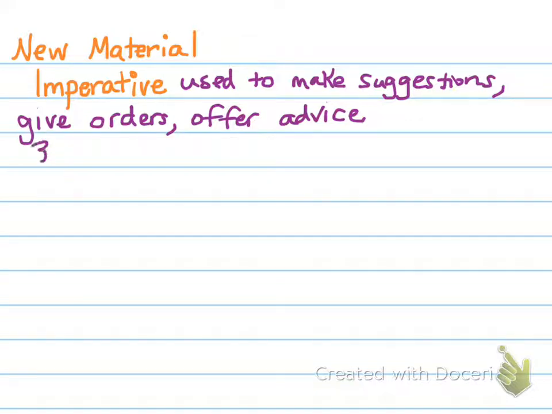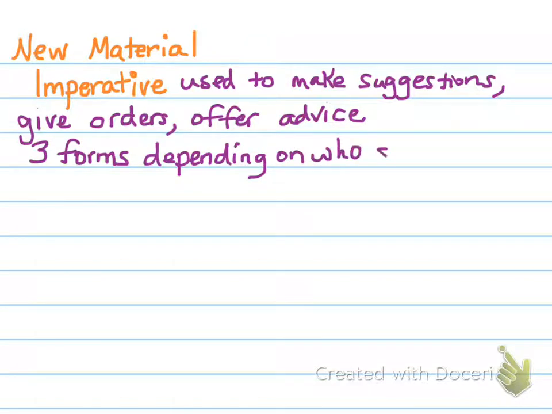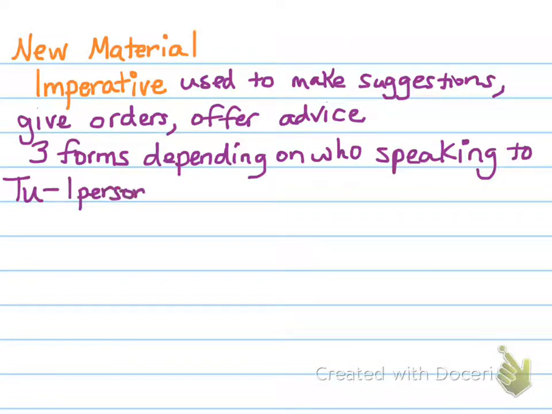There are 3 forms of the imperative in French, depending on who you're talking to. There is a tu form. You're going to use the tu form when you're talking to one person your own age or younger. Okay?